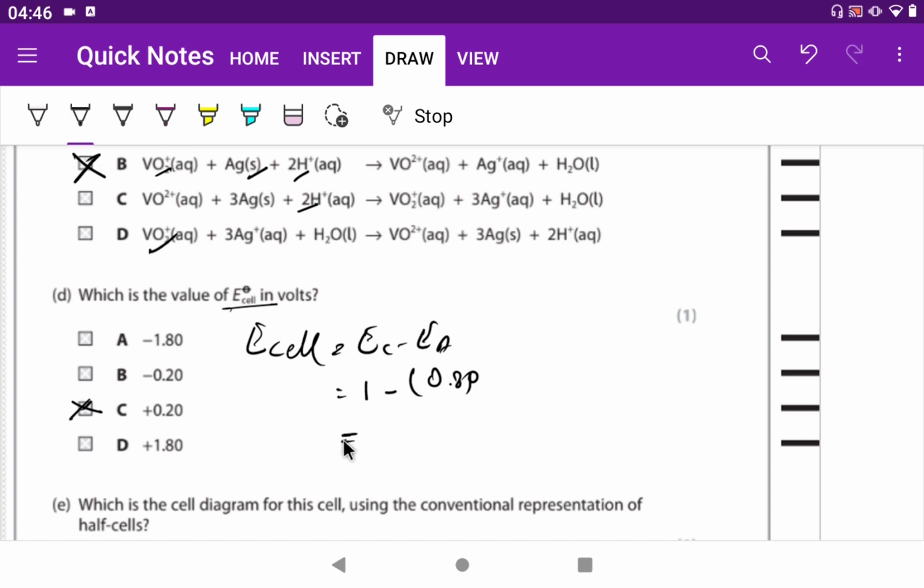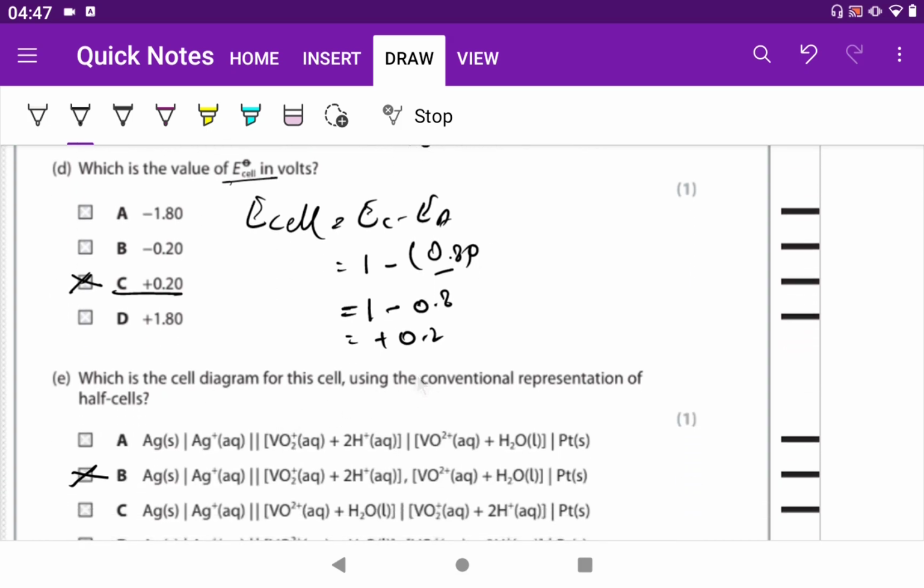We always take reduction values, because the oxidation value is minus 0.8 but the reduction is 0.8, so it will be positive 0.2. So the correct answer for D is C. Now E, which is the cell diagram for this cell using conventional representation of half cells?